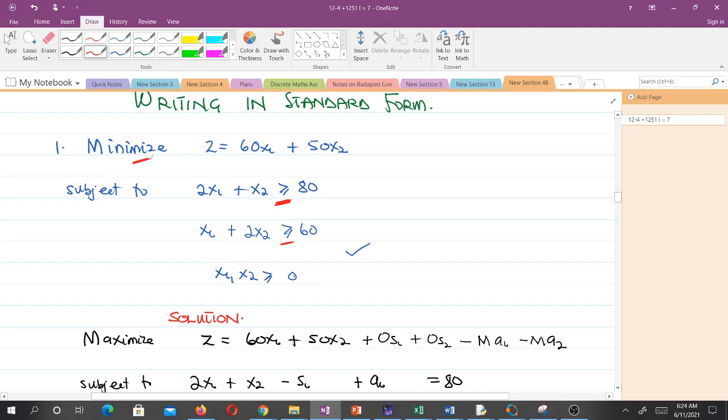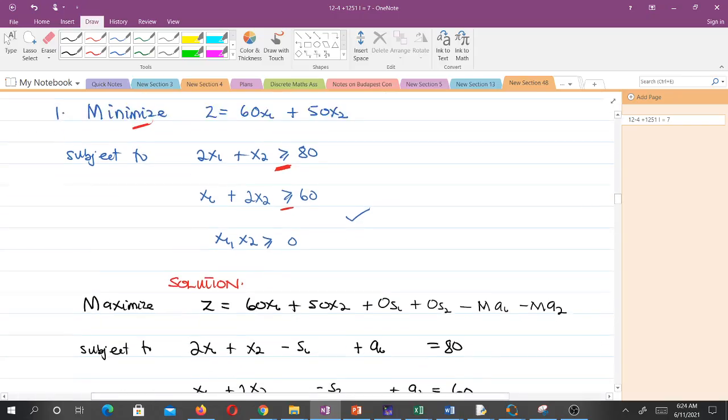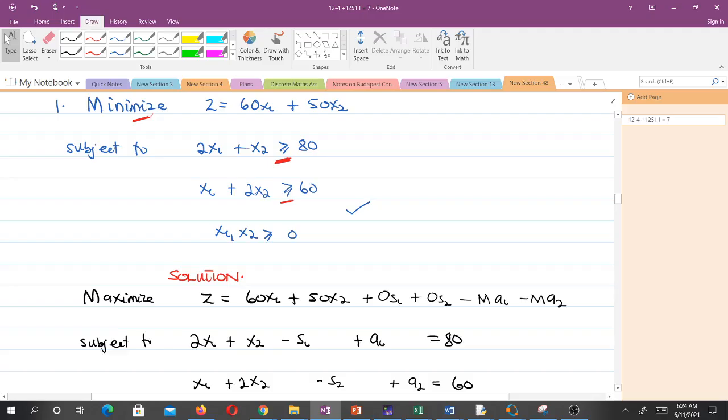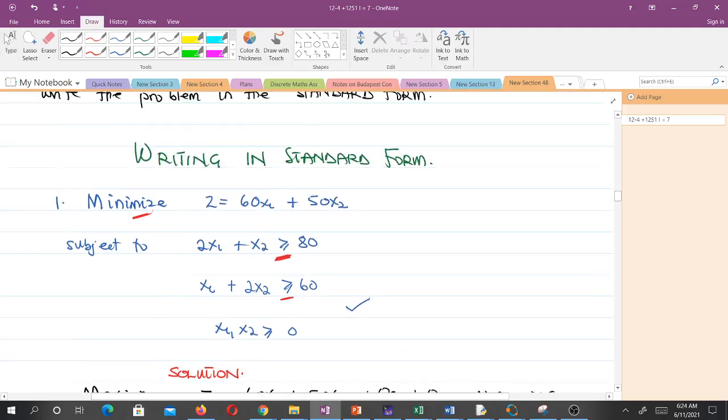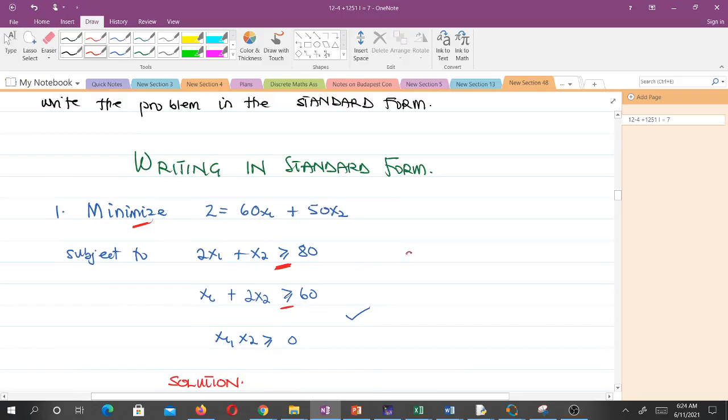If you could recall, in our previous video, we said that when writing in standard form, when we have greater than or equal to, we subtract a surplus. So writing the first constraint in standard form, we are going to have 2x1 plus x2, then we subtract a surplus, minus s1.